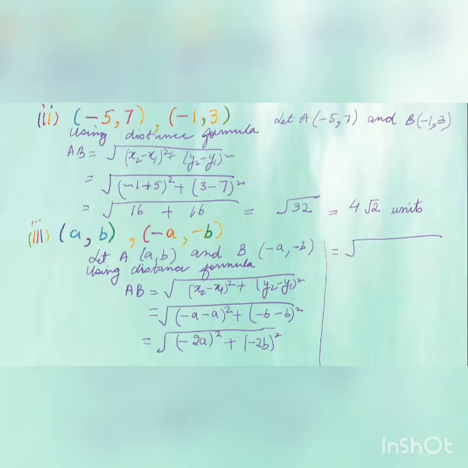Minus 2a whole square is plus, 2 square is 4, so it will be 4a square plus 4b square. Take 4 common over here: a square plus b square, or you can say 2 under root a square plus b square. So in this way you can solve it.